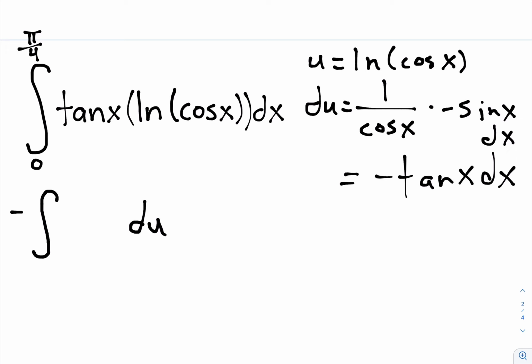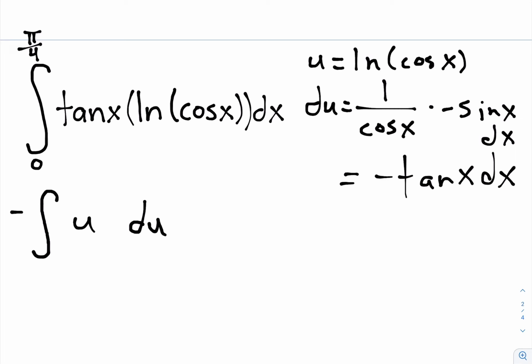Then the natural log of cos x is our u. So all we have now is negative integral of u du, right? Because u was this entire natural log of cos x, so that's covered. Du was this tan x times dx, and it was negative, so we tag this negative out in front.